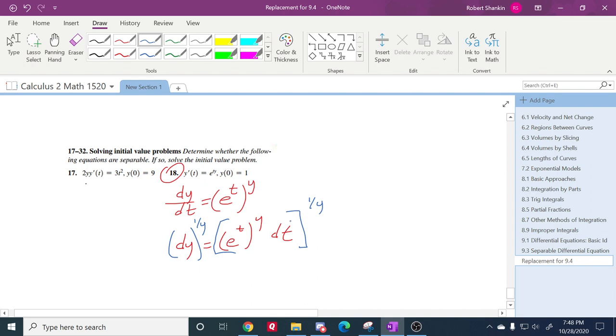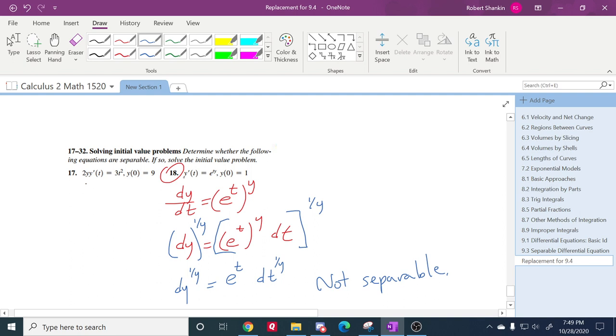This 1 over y would go to here as well. And so it is not separable. And then you don't have to do any more.